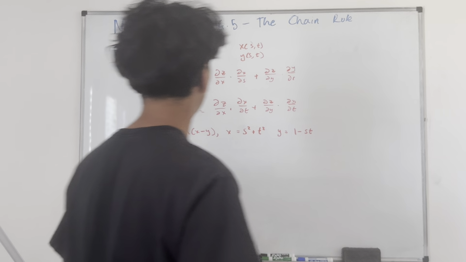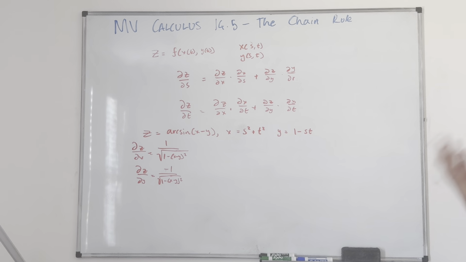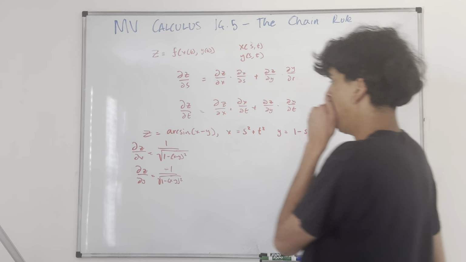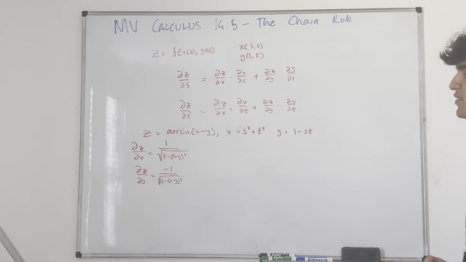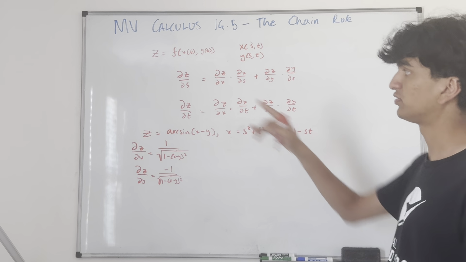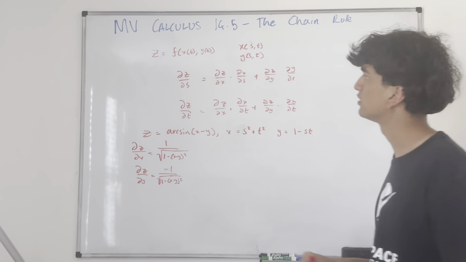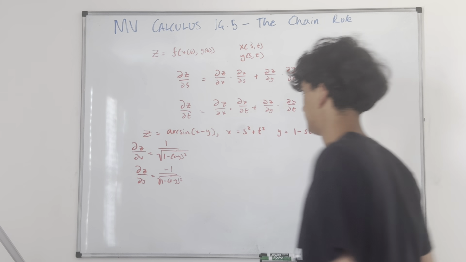There you go. So now we want to find partial z partial s. So we need to take our partials with respect to s over here.